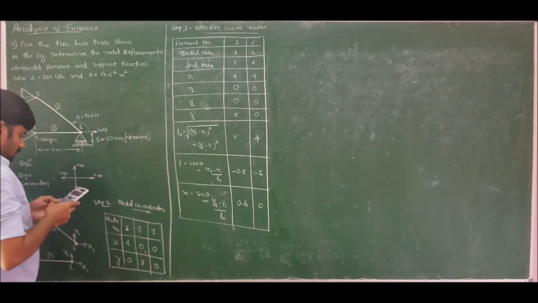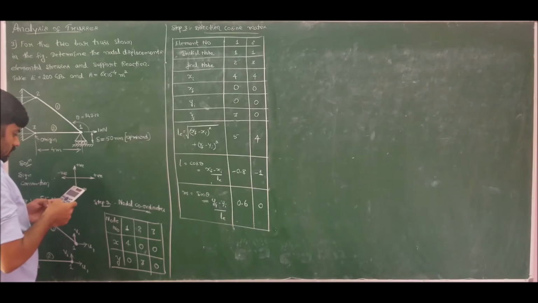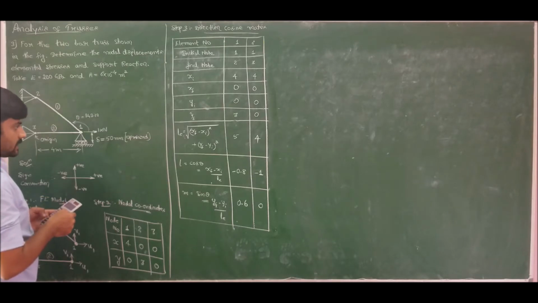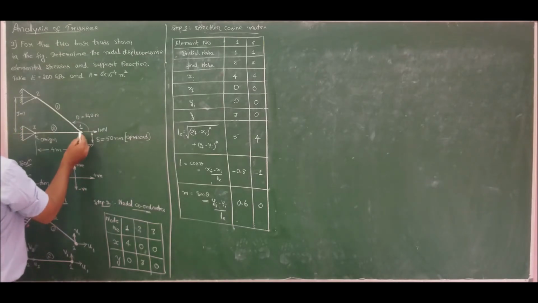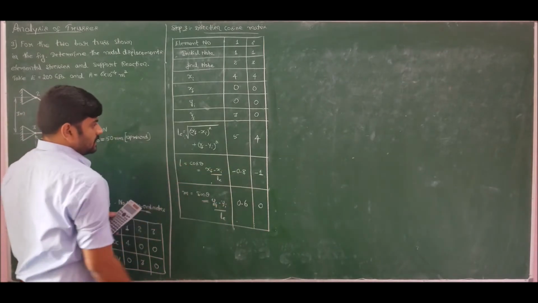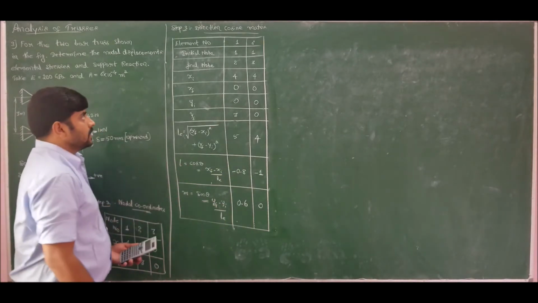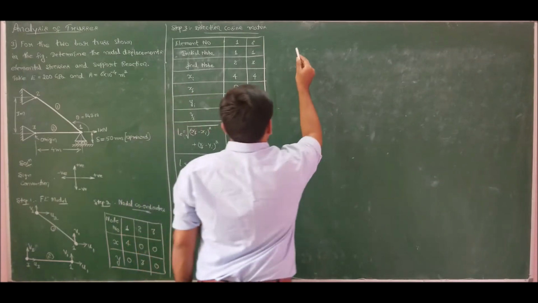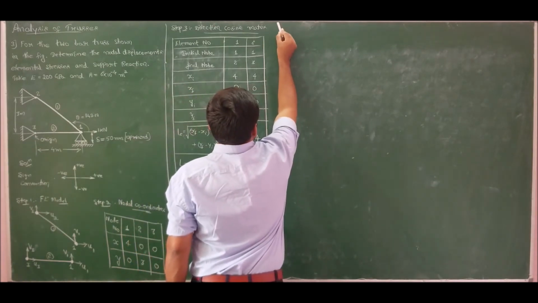That is, cos of 143 is minus 0.8, sin of 143.14 is 0.6, which is correct. For element 2, the angle is 180, so cos pi is minus 1, sin pi is 0, the answers are correct. Next, moving to step number 4, to calculate the element stiffness matrix.